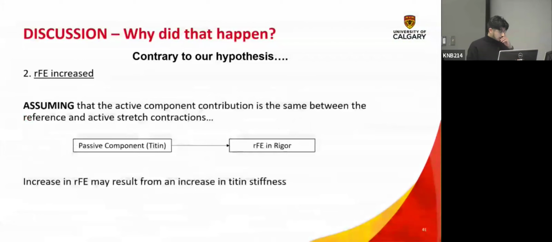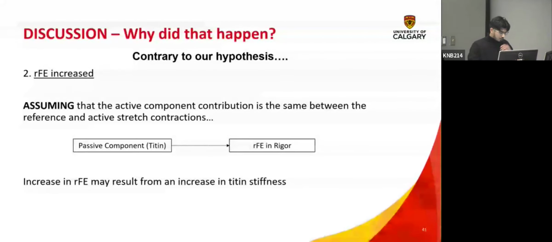The second thing we saw is that the RFE increased. Now, if we do assume that our initial understanding of the situation is correct, that Riger states do in fact allow us to control for the contribution of the active component, only then can we say that the increase in RFE is primarily dictated by titin, or the passive element, which means that Riger states must, in that scenario, increase titin stiffness or increase the contribution of titin to RFE within Riger solution.